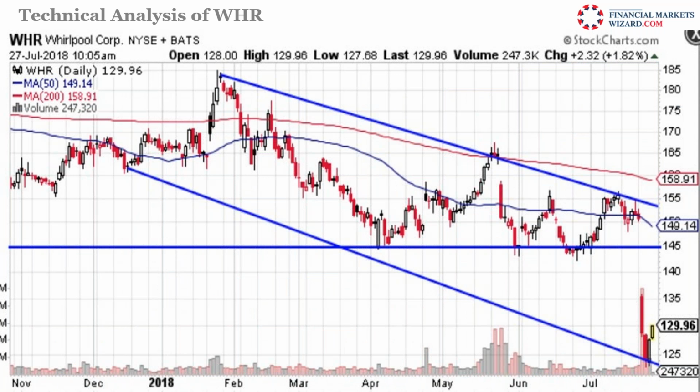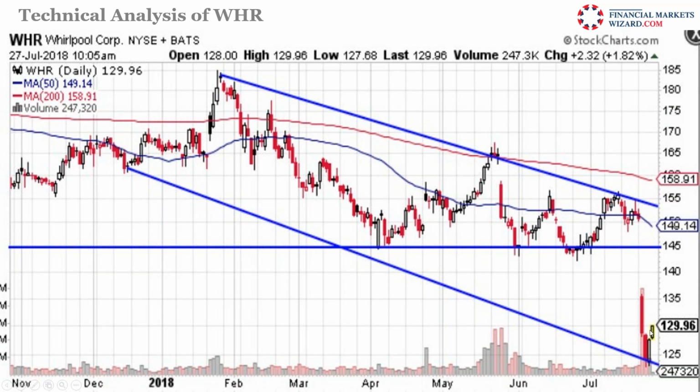Now this WHR. We made big money in WHR, and I sent an alert to many of my services, just simply based on this chart. You see, this is a downward sloping line. I drew the line, and it gapped down. It gapped down on earnings or I think acquisition or something, but it doesn't matter why.